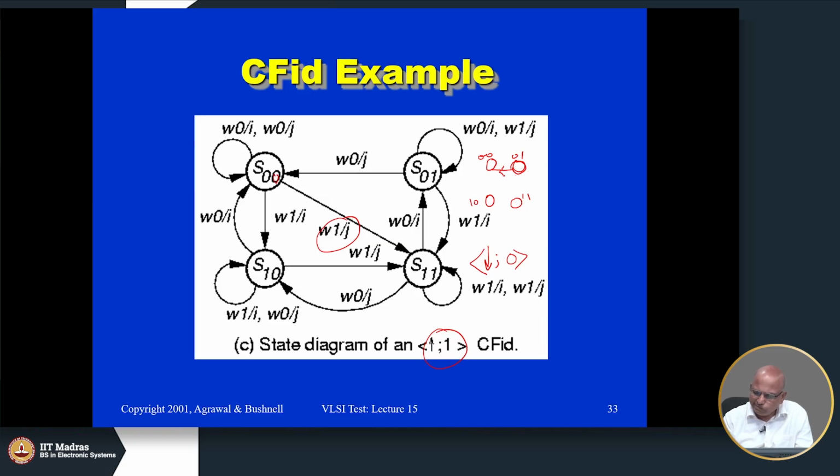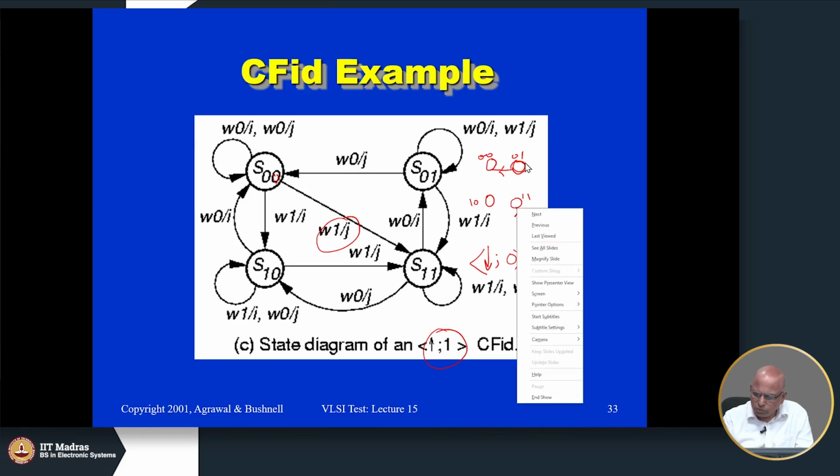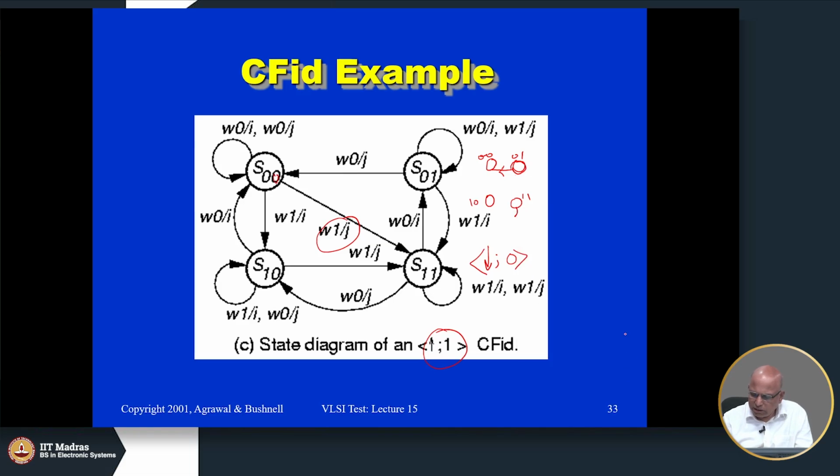Similarly, here if I write a 0, a good circuit will do the following, right. If j changes from 1 to 0, I should not change, but because of this fault, if I try to do a W0 on j, okay, then unfortunately it will go here.